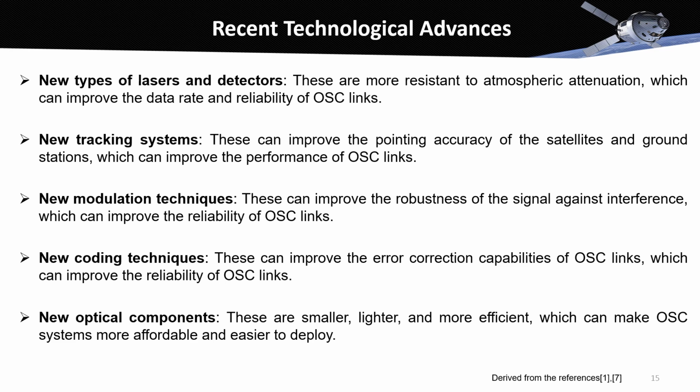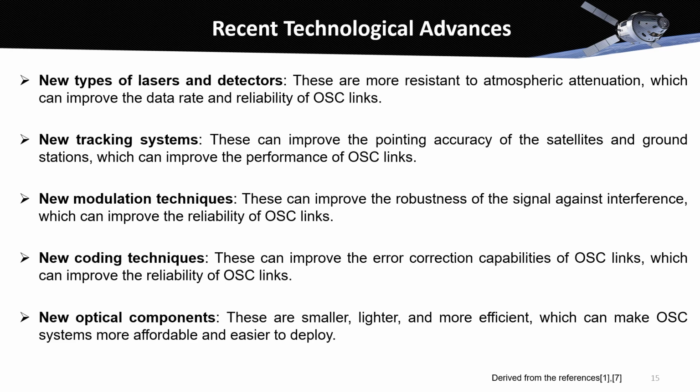For example, the use of forward error correction codes can help to improve the error correction capabilities of the OSC links. And the new coding techniques, this can improve the error correction capabilities of OSC links, which can improve the reliability of the OSC links. Next one is new optical components.